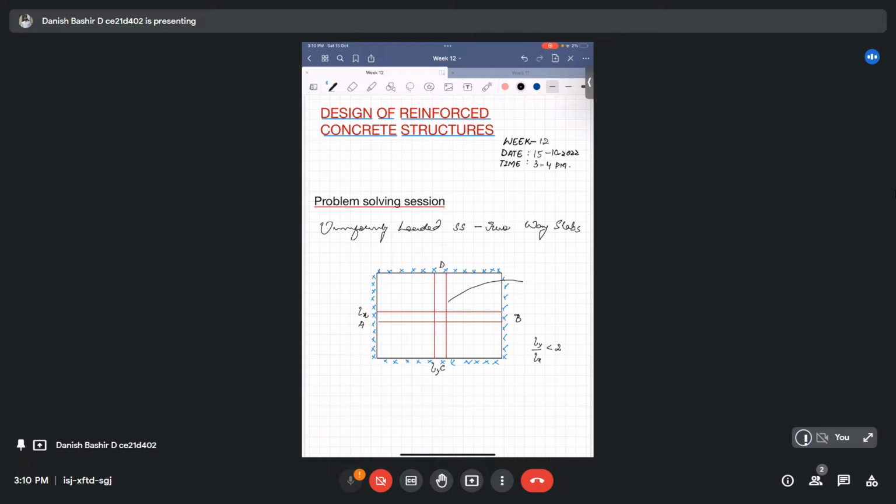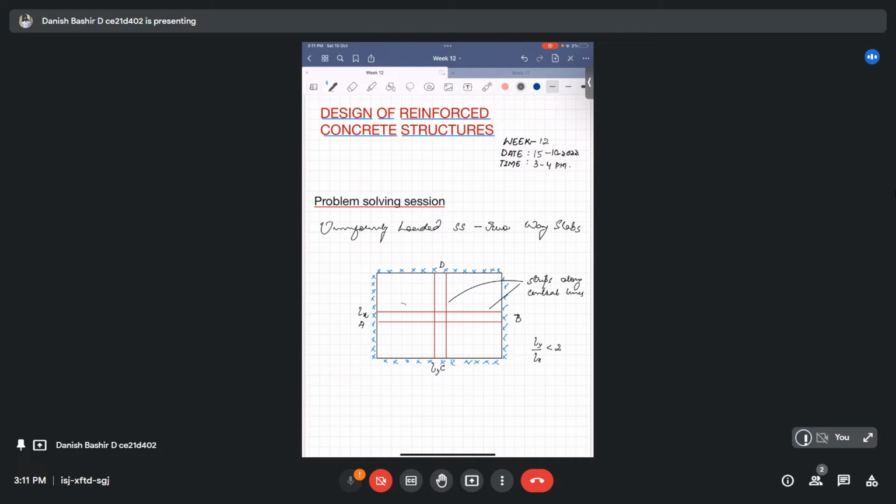Let me write that also: strips along center lines. Now, we will analyze these strips individually. Let's take this one strip first.